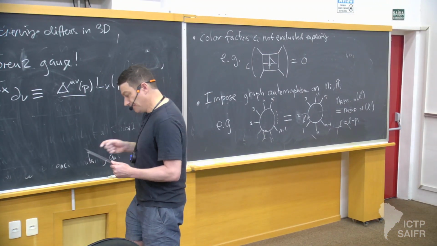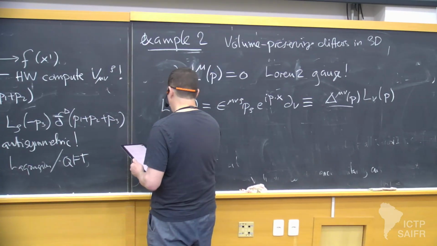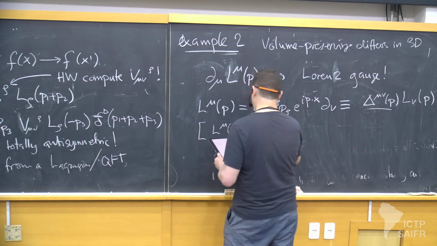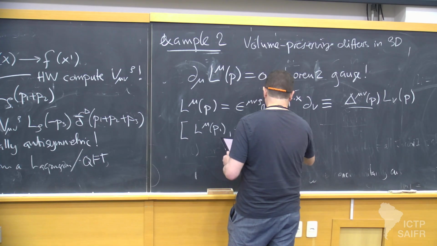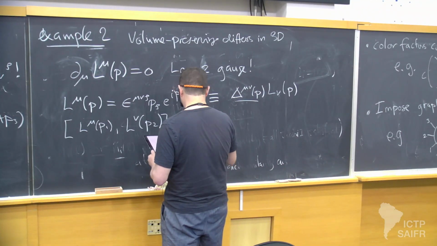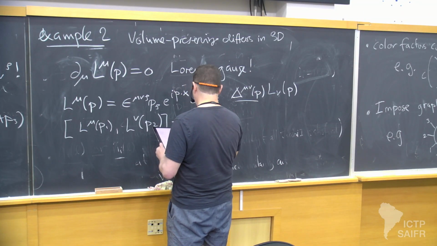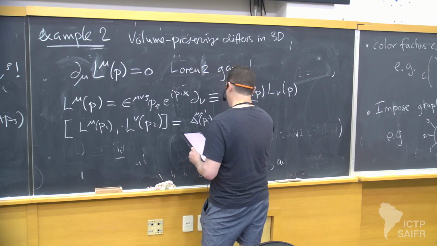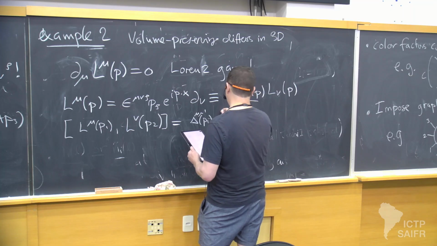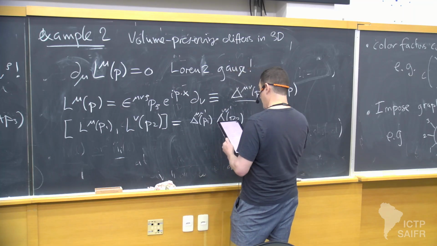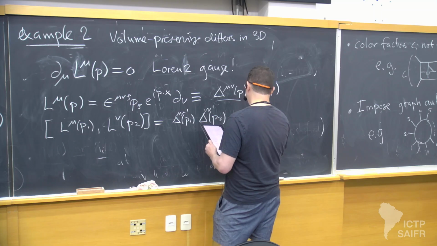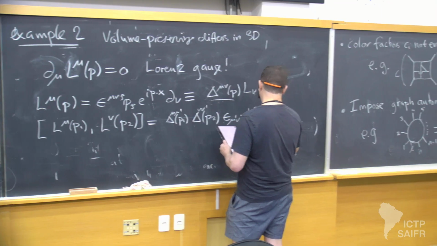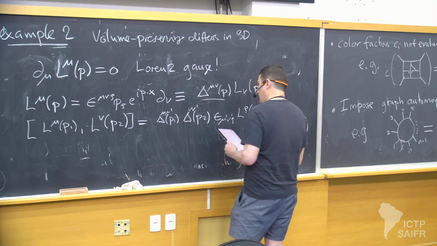Okay, so now we compute the commutator of two generators, and let me do it for you. We're going to get this delta factor again, so delta of P1, mu prime, delta of P2, nu prime, and then epsilon mu nu rho prime, L rho of P1 plus P2.